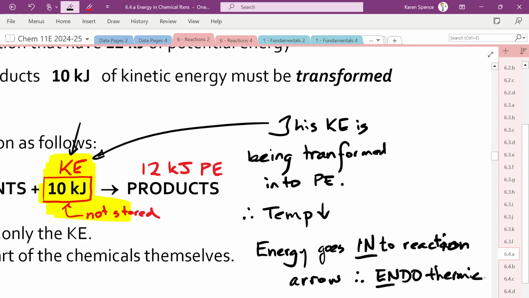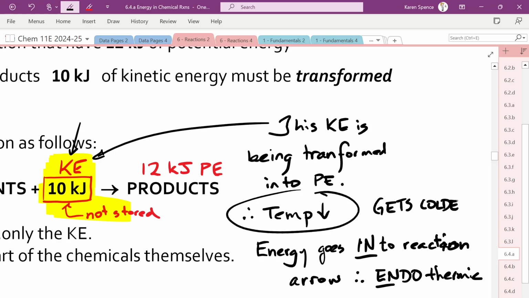So when we have an endothermic reaction, the temperature gets warmer or colder? It gets colder, right?